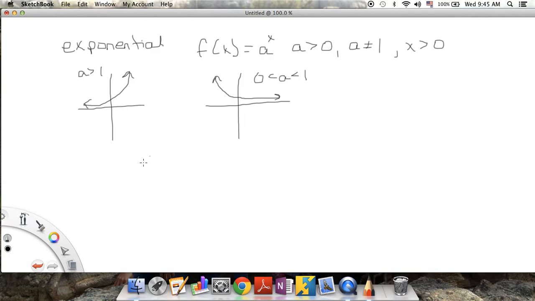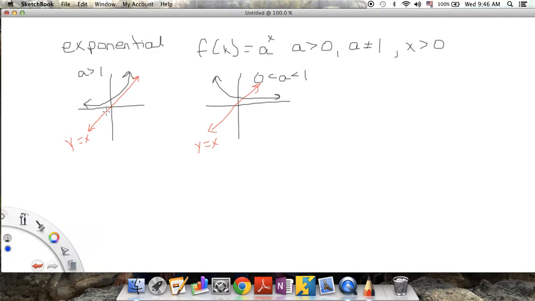Now, what is an inverse of a function? Well, if you remember, we had this inverse identity, our line y equals x. And if we use that identity and reflect across that, we get our inverse function.